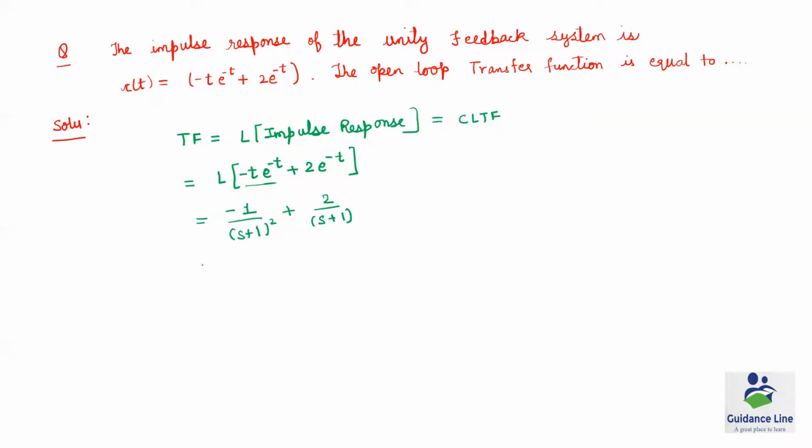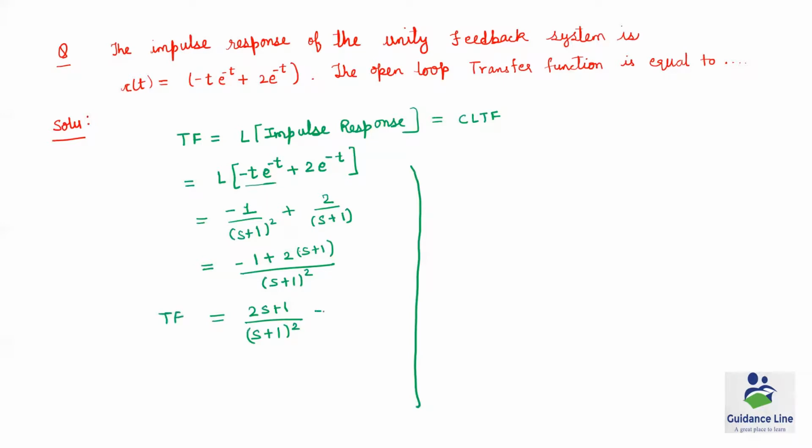Now if I rearrange the things, we get (-1 + 2(s+1)) divided by (s+1)^2, or I can write it as (2s+1) divided by (s+1)^2. So now we have a transfer function over here, which is also equal to the closed loop transfer function.